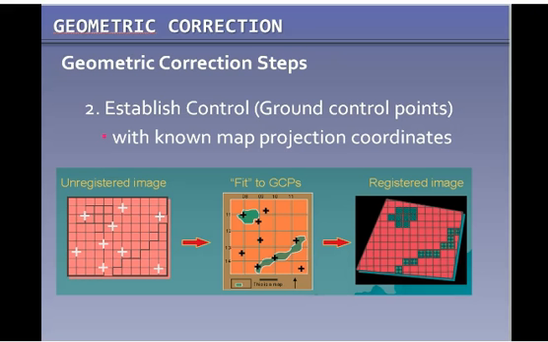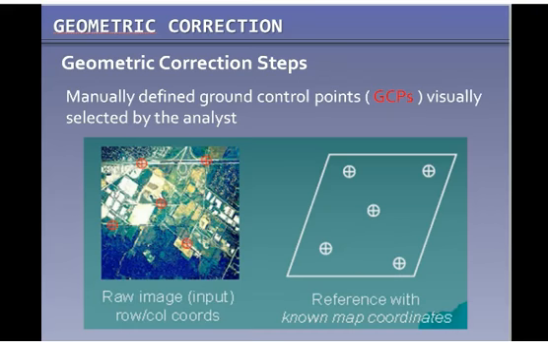So we'll move on to that second part, which is once we have our model identified, now we have to identify those ground control points so that we can link our image to a known coordinate location. Now, more recently, there have been some automated GCP creation tools incorporated into our software, but even those automated processes essentially just throw some points on the ground where the software thinks it's finding similar patterns in the reflectance, and it still needs to be verified manually.